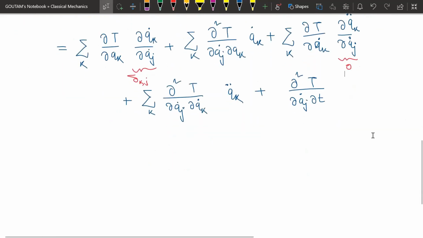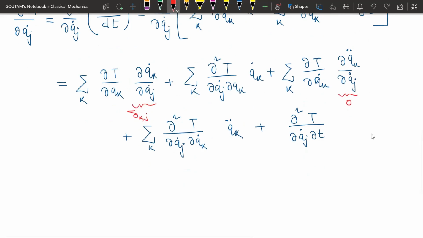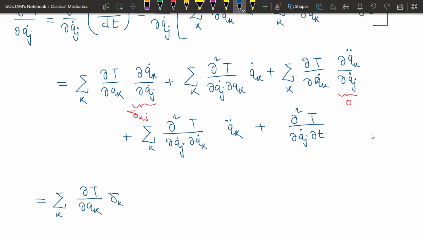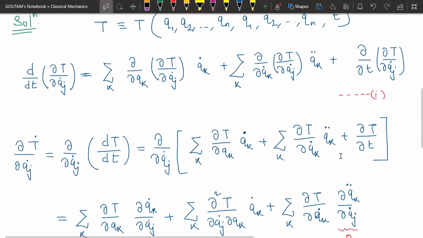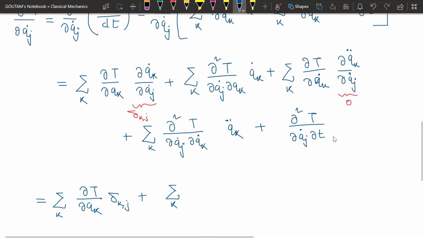So in that case, from the first term, we will get sum over k del t del qk delta of k comma j plus sum over k del 2t del qk del qj dot.